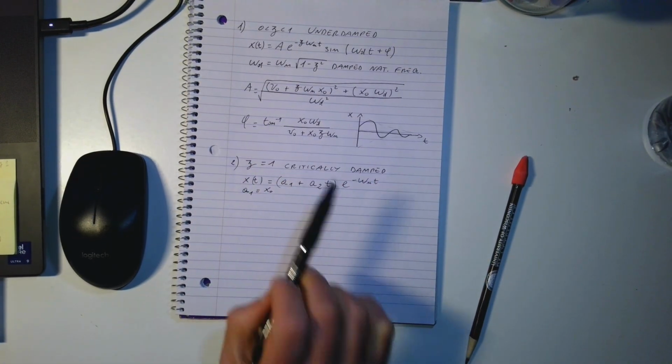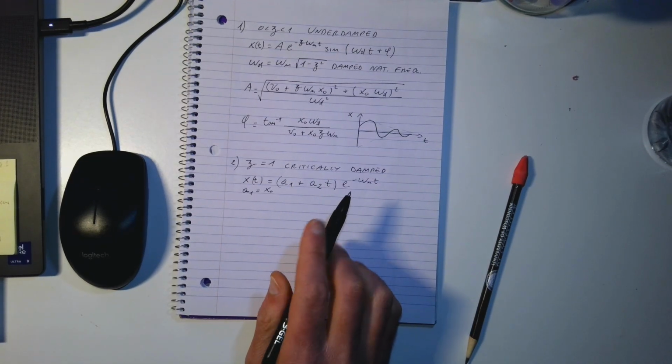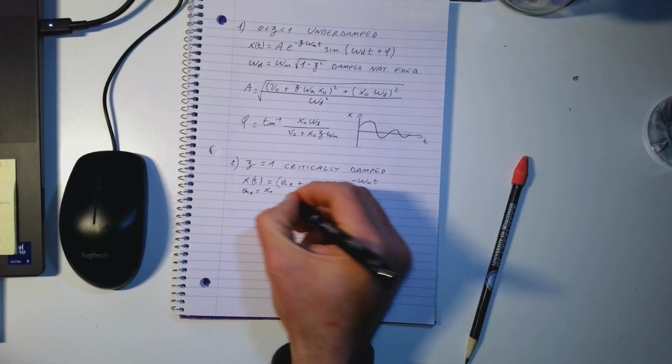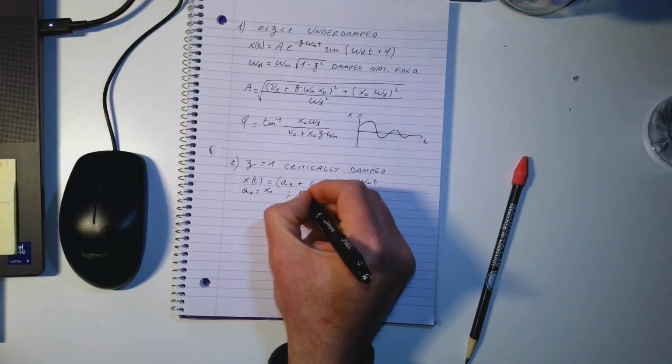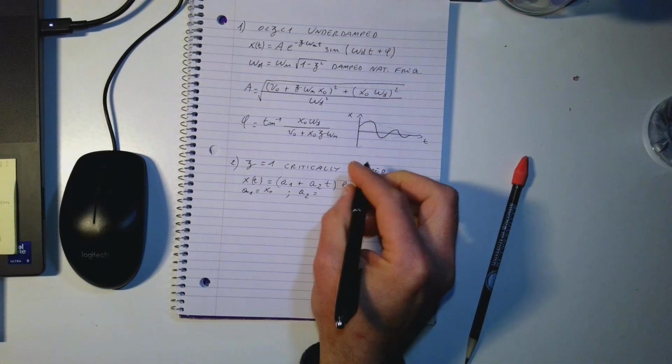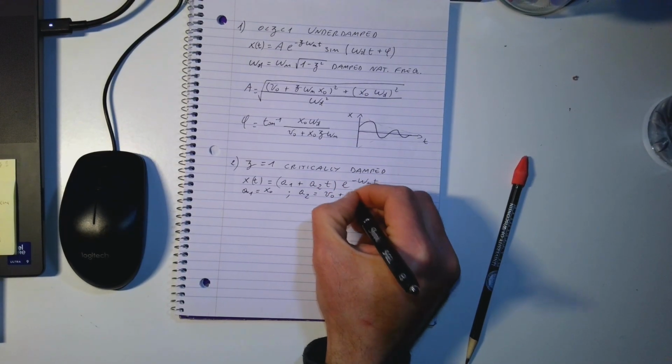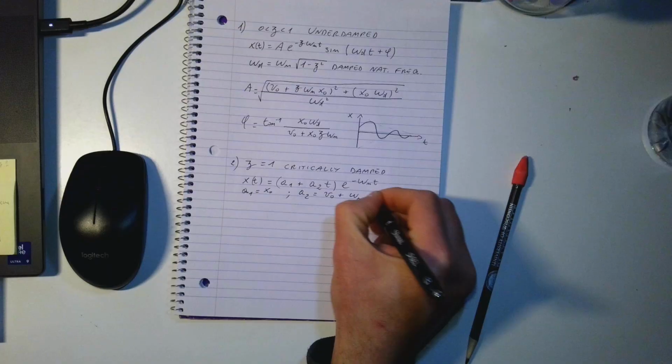Of course, even in this case the two constants depend on the initial conditions, so a1 will be equal to x0 and a2 will be equal to v0, initial velocity, plus omega n x0.